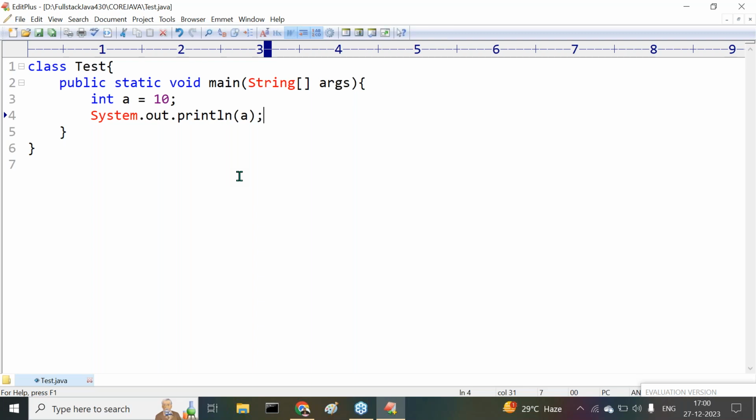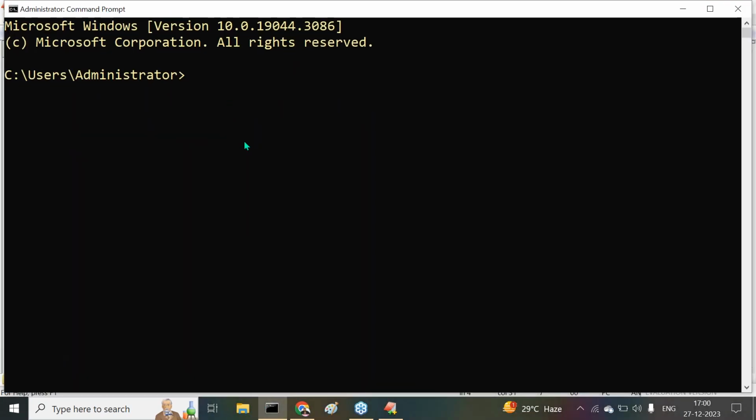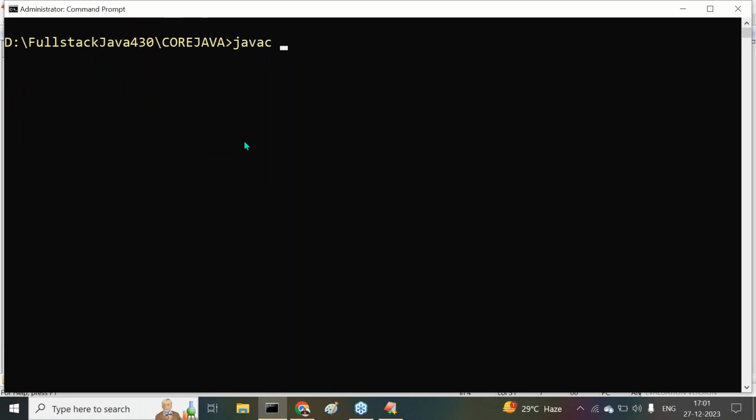Now I want to compile and execute this. javac Tester.java. There is no compilation error.